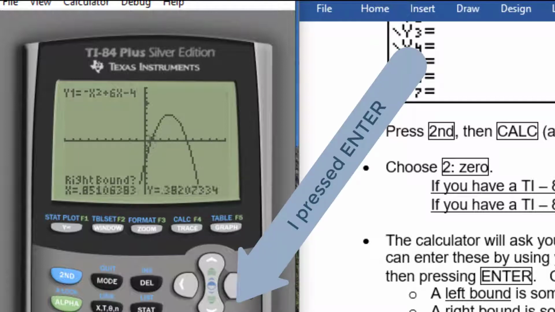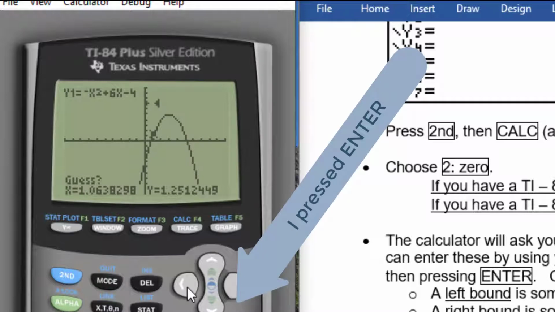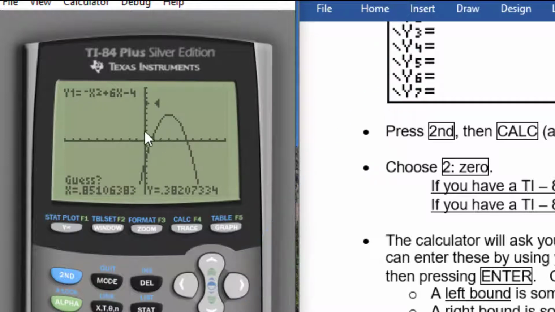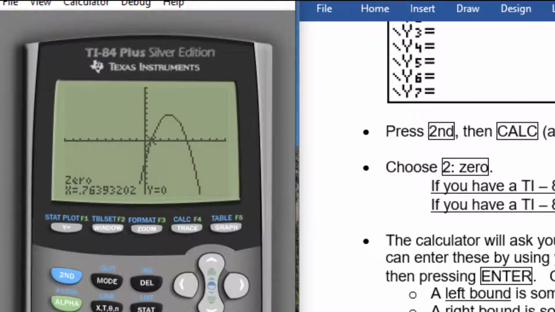Use my arrows to go a little bit to the right of the x-intercept and press enter. Use my arrows to get really close to that x-intercept and press enter. And there's my answer. So depending what your teacher says, round to so many digits, you would round to however many digits your teacher says.